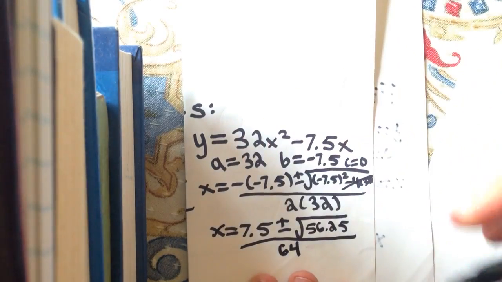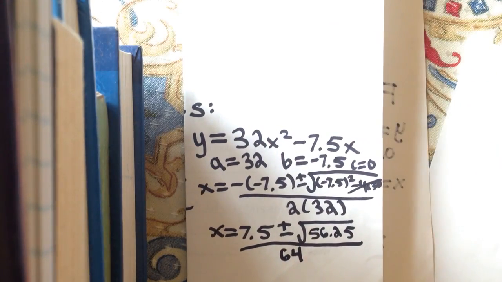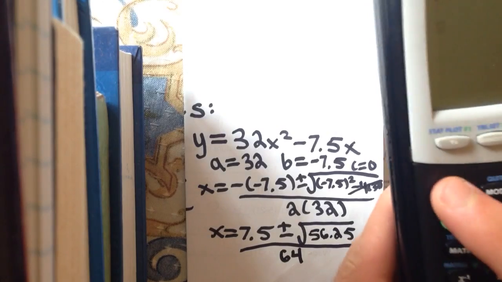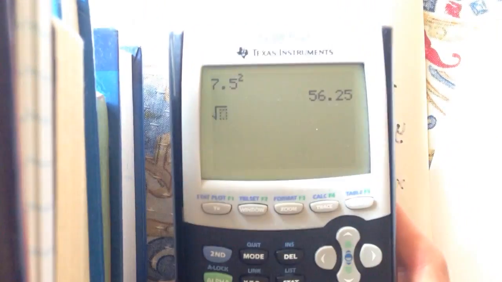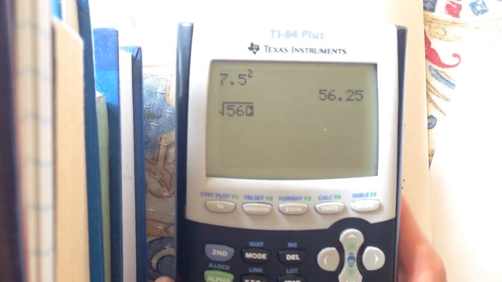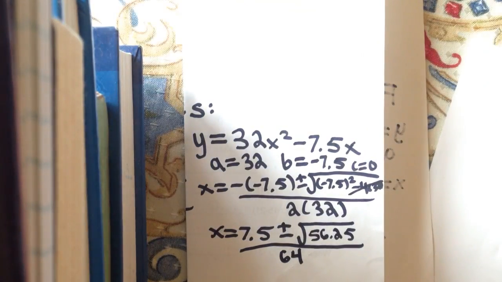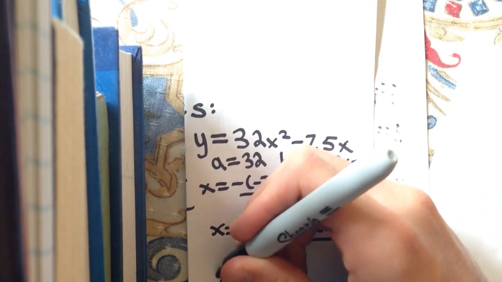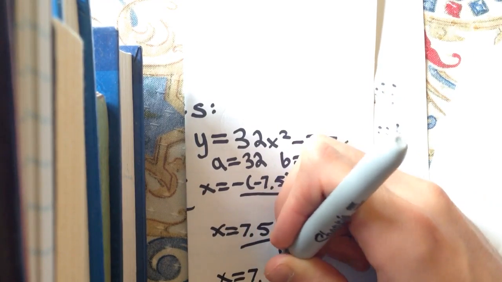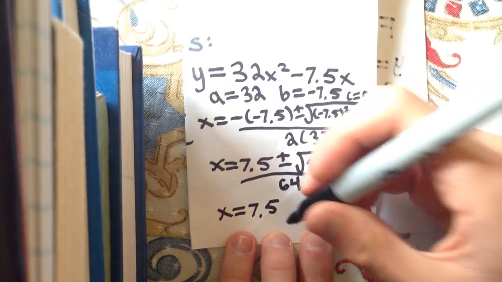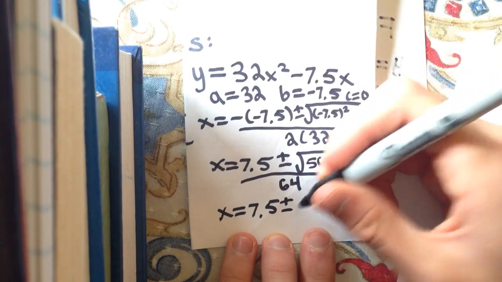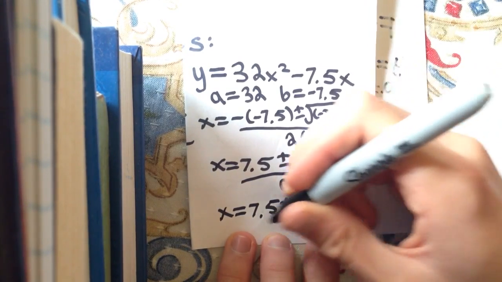And then we continue. 7.5 plus or minus the square root of 56.25. So let's see, the square root of 56.25 should be 7.5, and it is. So x equals 7.5 plus or minus 7.5, divided by 64.